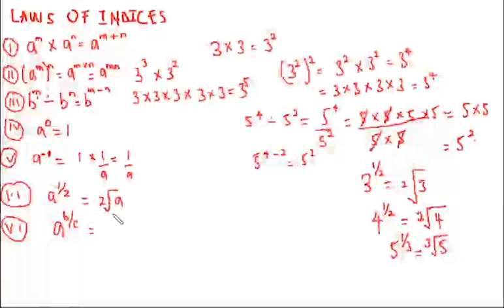This would simply mean, like the way we did it here, you take the c-th root of a, but then you'd also power the whole thing by b. So it's just like a modification of this one. In this case, we powered it by 1, so it didn't have any effect. But in this case, we're powering it by b.